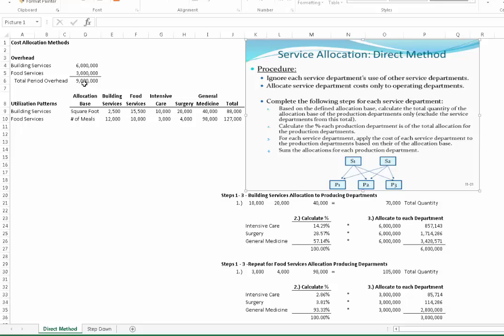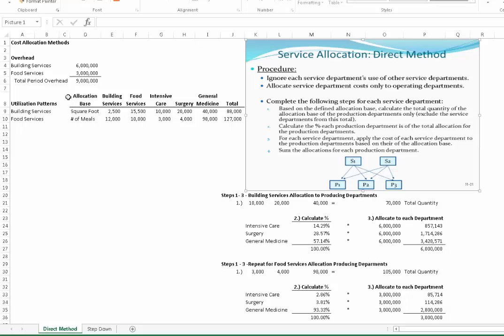For this we have $9 million worth of overhead that we have to allocate. Our service departments, or cost centers, are building services and food services, and in total they have an annual estimated cost of $9 million. This will get allocated out based on usage of these services, and we call that the allocation base.